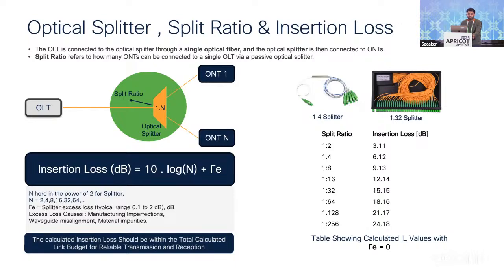The important thing to understand here is that when designing a PON network, you have to make sure your end-to-end link budget is within the calculated limit, so that there is no power loss and you can have effective transmission and reception over that PON link. On the right-hand side, I have given some typical split ratios with sigma E as 0.